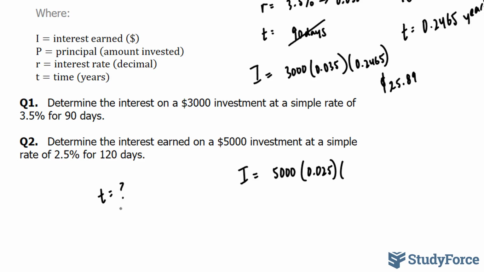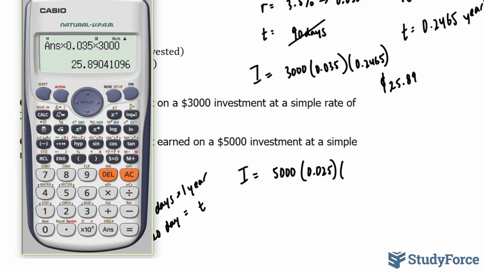So to find out our time, remember 365 days is equivalent to 1 year. And 120, we have a simple ratio problem here. This multiplied by this equals that multiplied by that, known as cross multiplication. We end up with 120 divided by 365, which gives us approximately 0.3287.